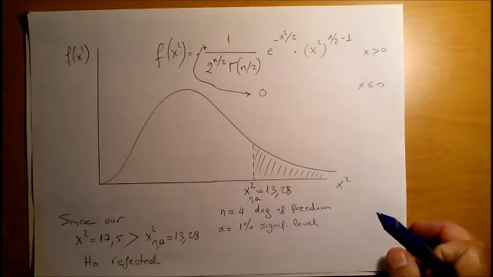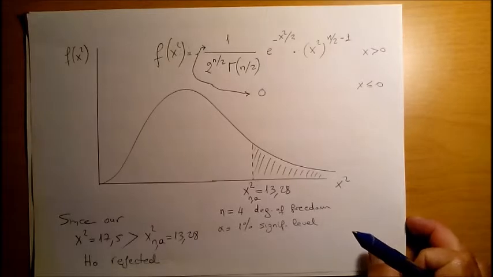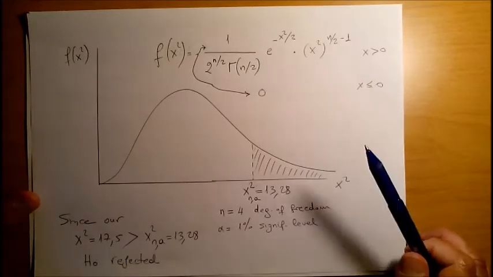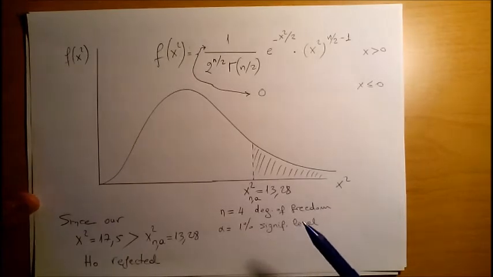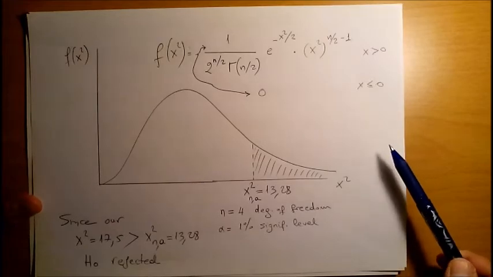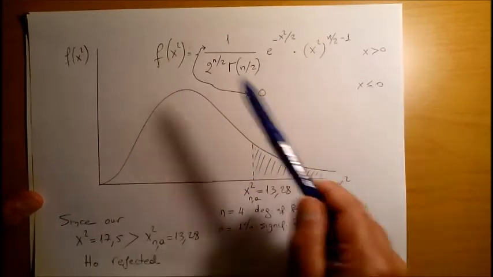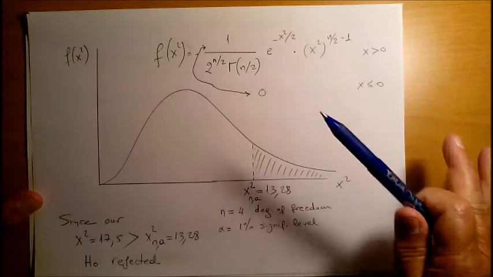The final step is to find our critical value. Now, how do we find our critical value? We can use this formula. As this formula is rather complicated, just forget it.